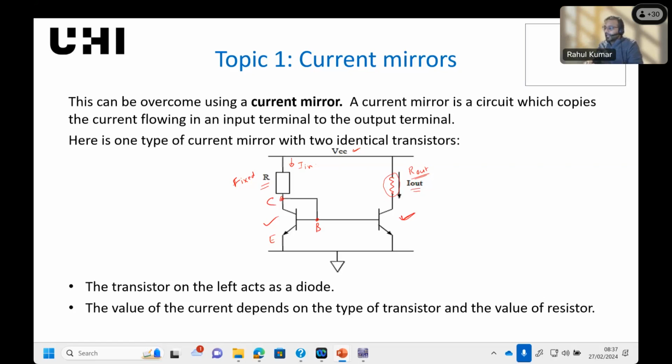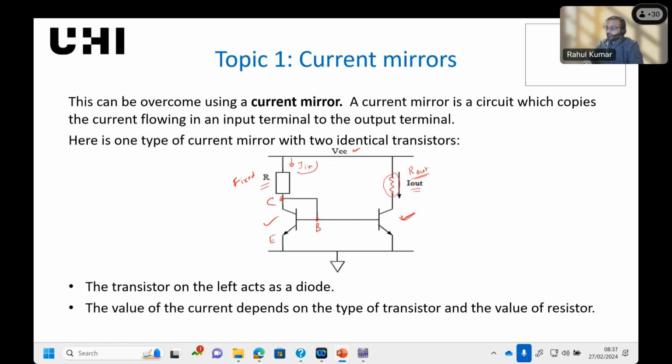Okay. And why is it called a current mirror? Mirror is used to see the reflection, right? So if you stand in front of a mirror, you see a reflection of yourself. So this circuit is called a current mirror because it mirrors the input current.